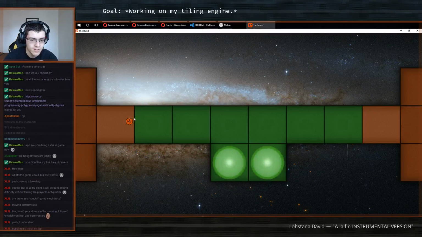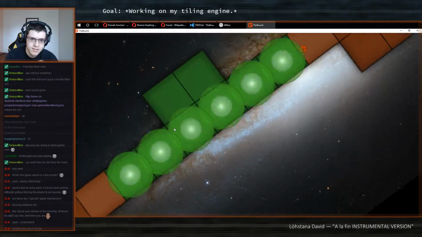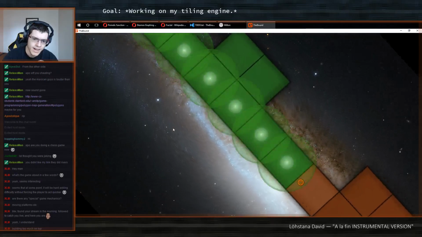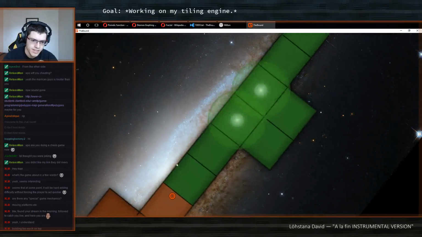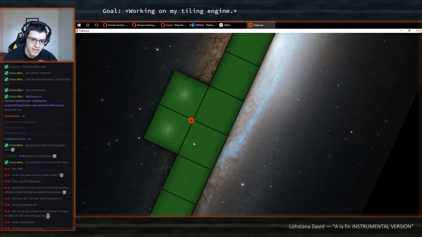Or I could leave everything there and then start adding rotations, and then I need to beat this with a rotation. But this is a weird gimmick.